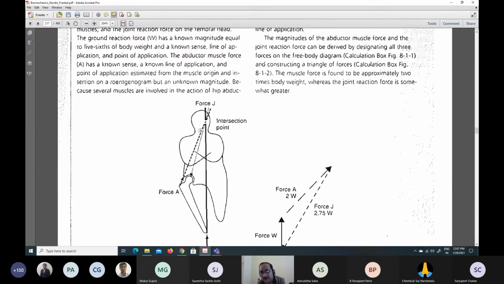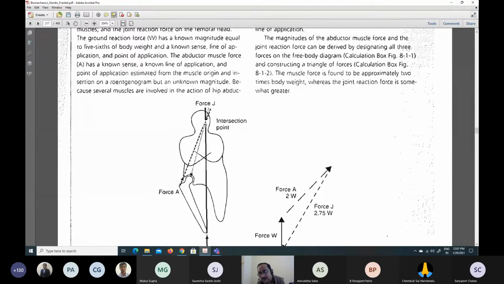The abductor muscles are strong muscles that try to force the femur inside the acetabular cavity. So the action of the abductor muscle is very important during a very basic motion, like normal walking or the gait cycle.